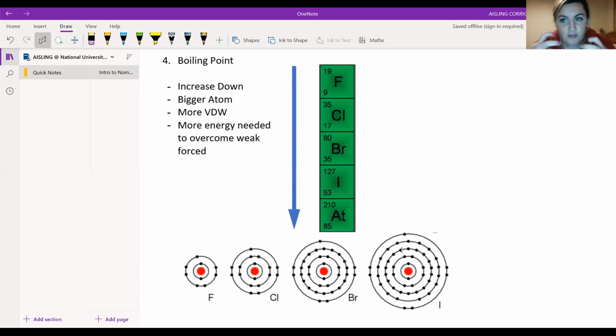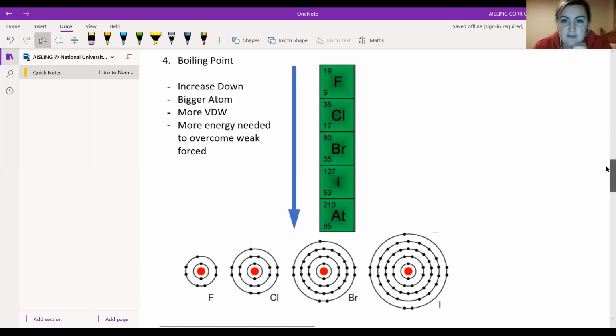So the more van der Waals forces, the more energy needed to overcome these weak forces. Just like that GCSE definition: the bigger the atom, the more shells, the more electrons, the more van der Waals, the more energy needed to overcome these particular forces. Fairly straightforward.